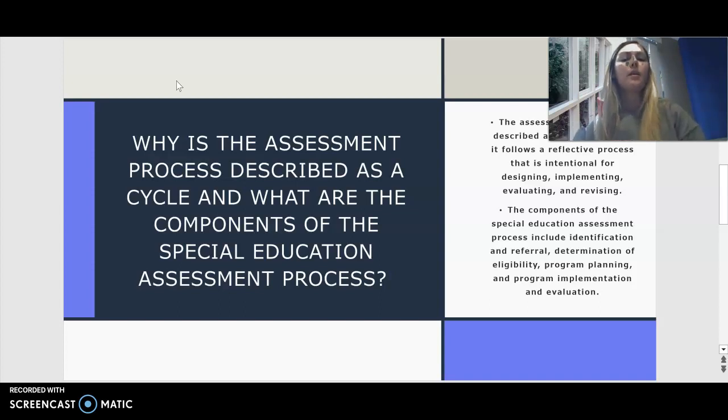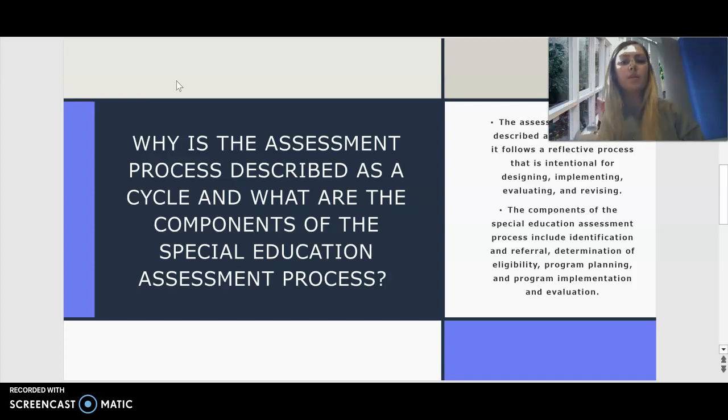The components of the special education assessment process include identification and referral, determination of eligibility, program planning, and program implementation and evaluation. Those components show the steps of how the assessment process is a cycle.